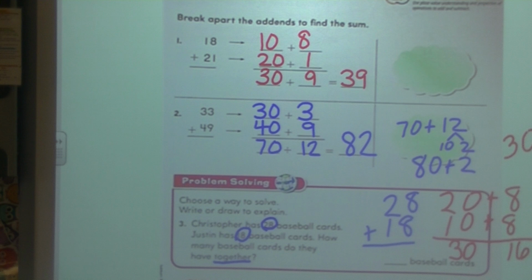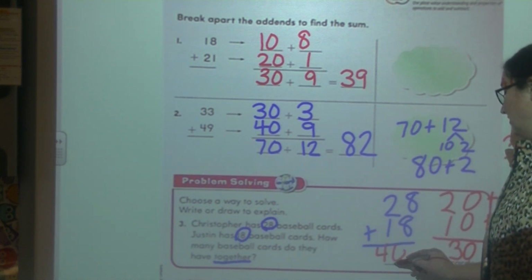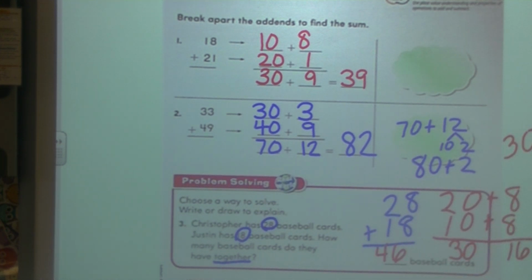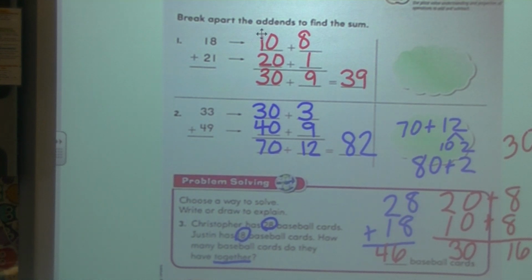So we have 40 plus 6 equals 46. Our answer is 46. All right, when you're ready, you can flip the page and let's look at your review.